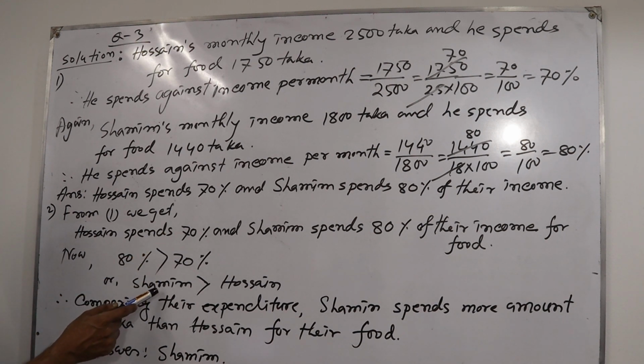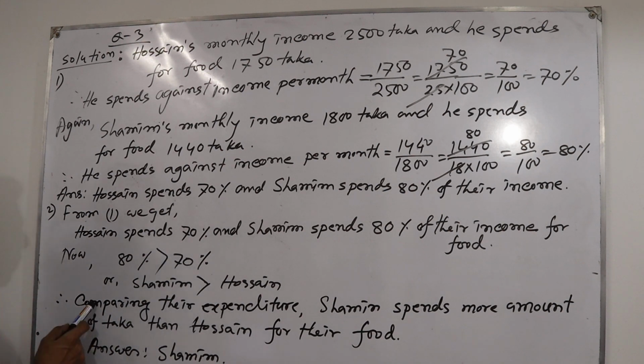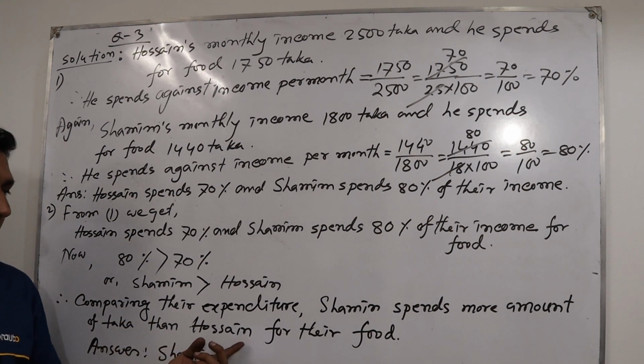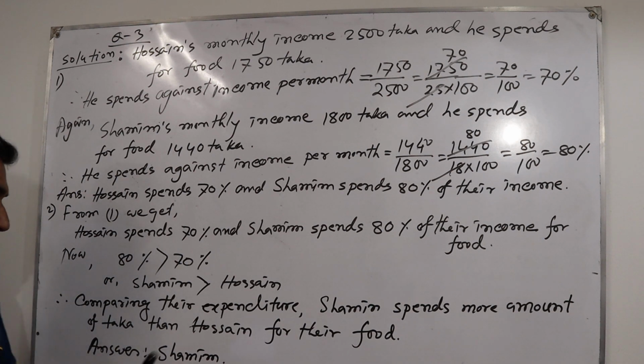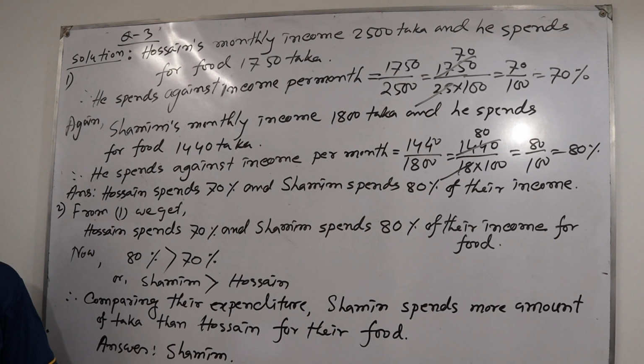So 80% is Shamim and 70% is Hossain. Therefore, comparing their expenditure, Shamim spends more taka than Hossain on food. Therefore the answer is Shamim. So these are the answers of question number 3.